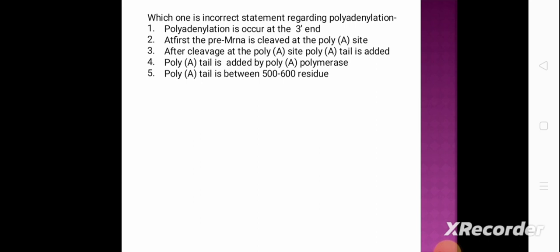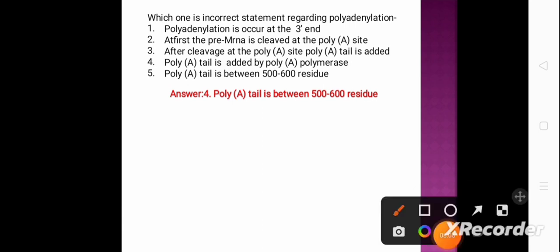Option 3, after cleavage at the poly-A site, the poly-A tail is added. Option 4, the poly-A tail is added by poly-A polymerase. Option 5, the poly-A tail is between 500 to 600 residues. And the answer here is that the poly-A tail is between 500 to 600 residues.